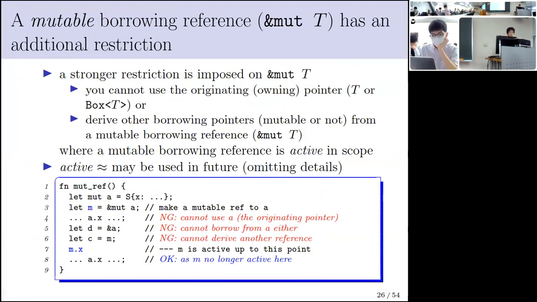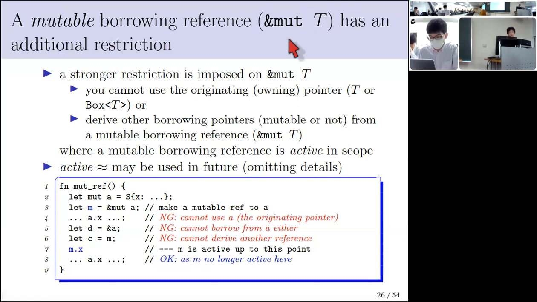One more thing that is somewhat orthogonal to what I have been talking about. Remember that there is another kind of borrowing reference, which is the mutable borrowing reference. In terms of syntax, it is written like ref mut t. This is a type expression.